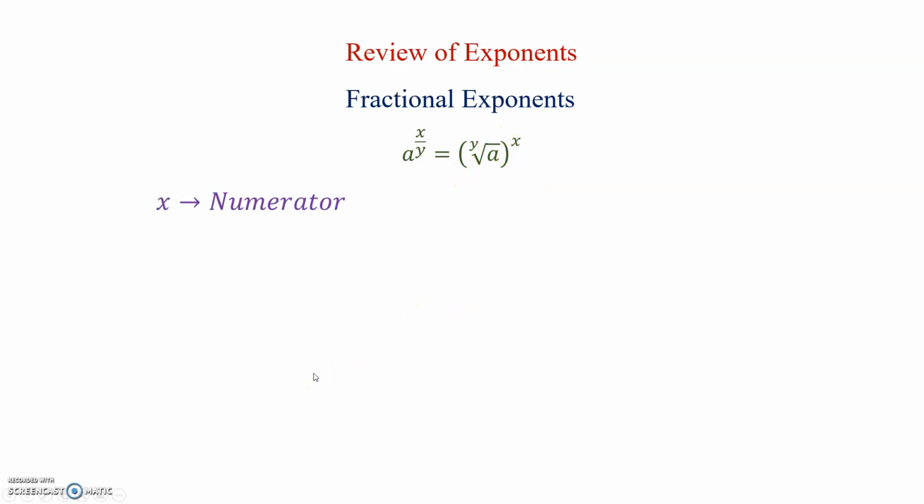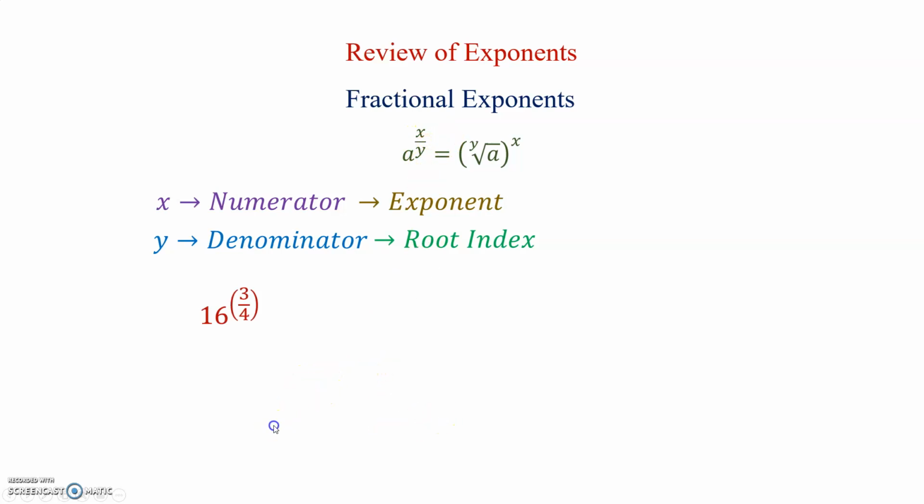So basically, if x is the numerator and y is the denominator, the x as a numerator will be treated as the exponent, and y as the denominator will be treated as the root index. So you can't look at this as an entire fraction. You have to look at it as two separate values.